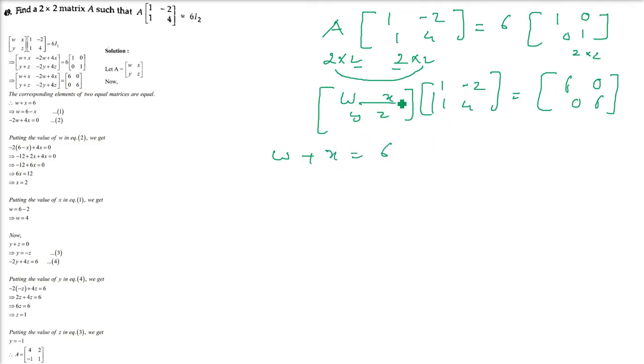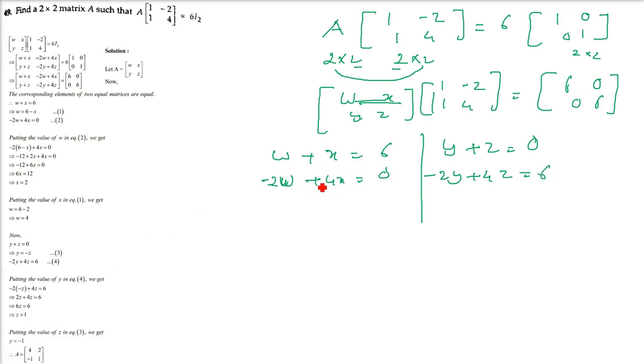And w into minus 2, that is minus 2w, and x into 4, so 4x, this is equal to 0. So the second one is 0. Then we have y into 1 plus z is going to be 0. And minus 2y plus 4z equals 6, right?